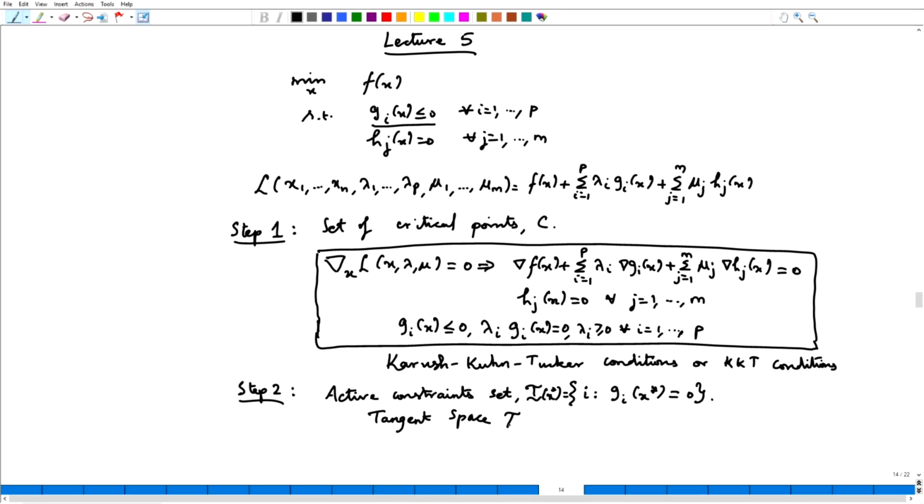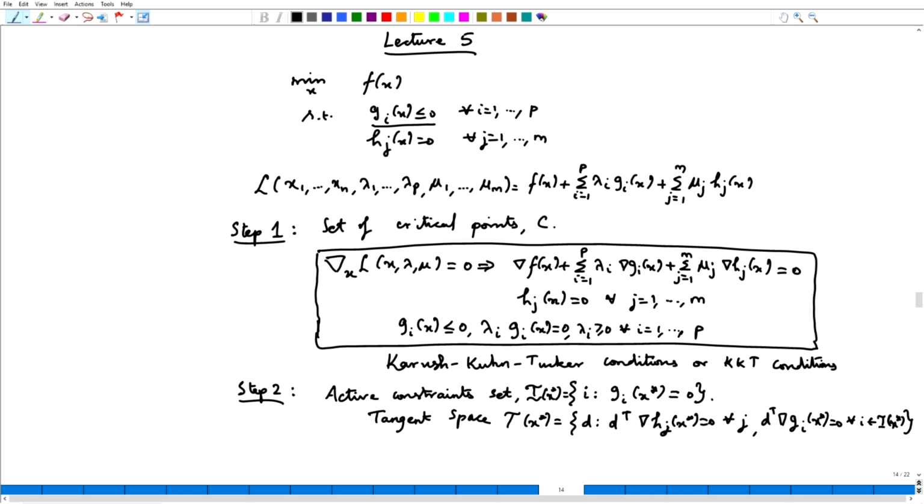So, the tangent space T is the set of all directions d that satisfy d transpose del h_j of x star equal to 0 for all j, and d transpose del g_i of x star equal to 0 for all i in I of x star. Not all i, but only those that are in the active set I of x star.